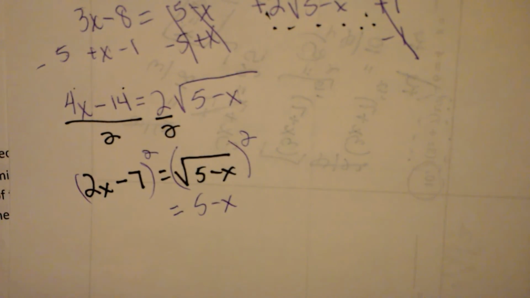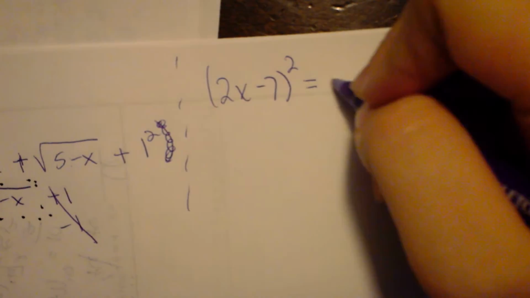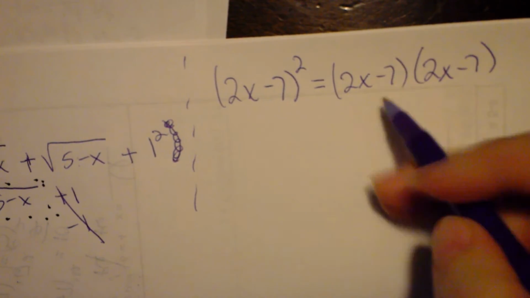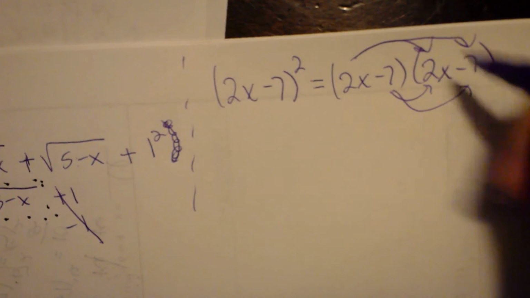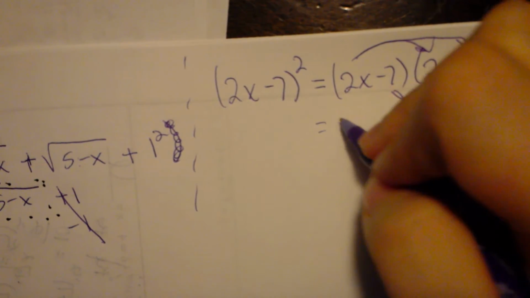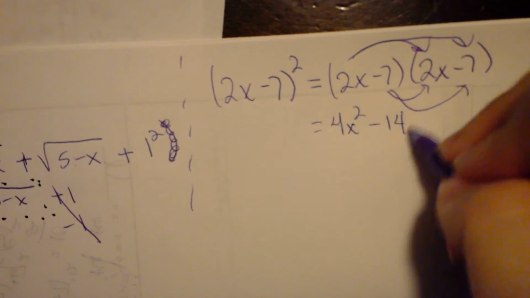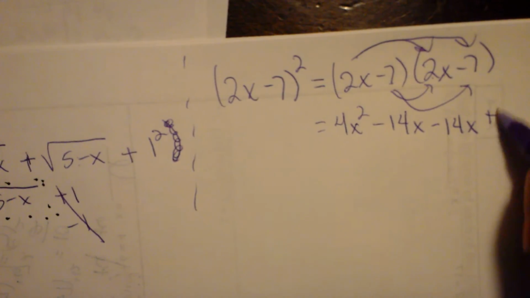The left side is a different story. So 2x minus 7 squared is 2x minus 7 times 2x minus 7. So I distribute. I get 2 times 2 is 4x squared, 2 times negative 7, negative 14x, negative 14x plus 49.